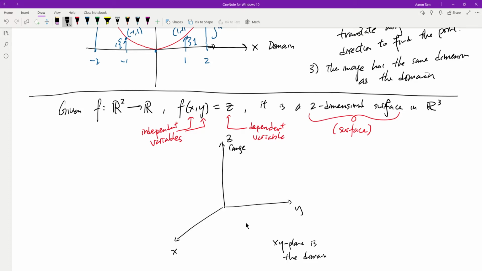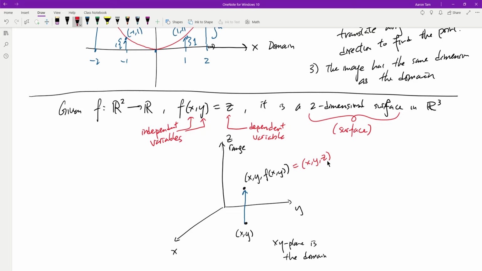Well, the way to do that is to first identify a point in the domain, so therefore it will be x and y, and then translate it up or down based on the value of the function to identify a point in the image, which is technically speaking, say the output is z.